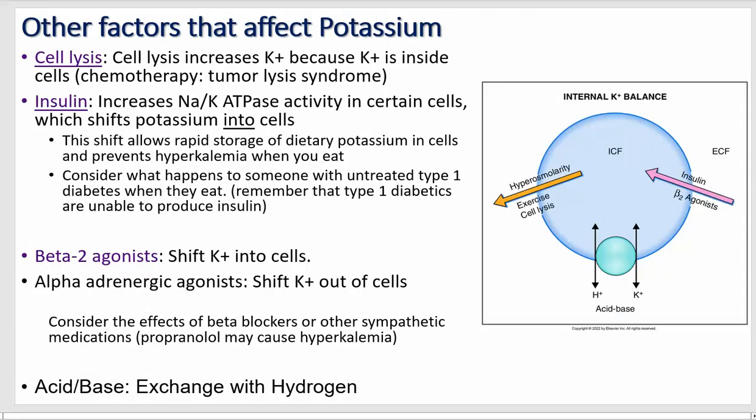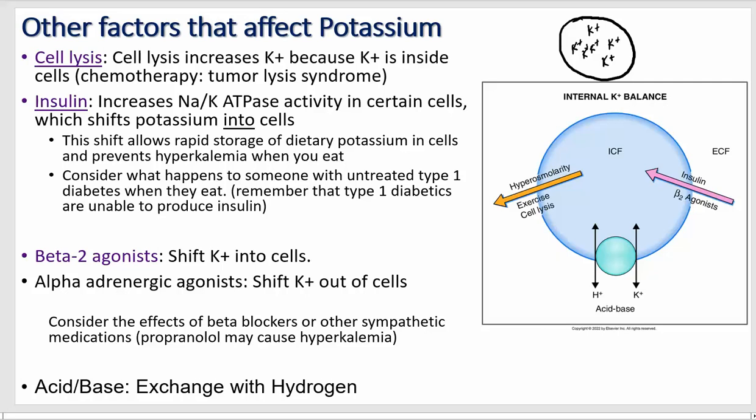So other factors that affect potassium: cell lysis. Let's talk about some of these because they're interesting and important. Cell lysis doesn't have everything to do with the kidneys, but it's still important and has to be talked about. Remember, we have a lot of potassium inside cells.